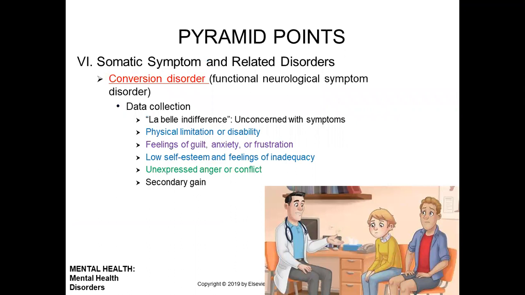What next? They talk about the different types of data collection. Before that, I want to tell you who is at risk of developing conversion syndrome: usually first-degree relatives who have conversion disorder, childhood physical or sexual abuse, or a comorbid psychiatric disorder. What does comorbidity mean?